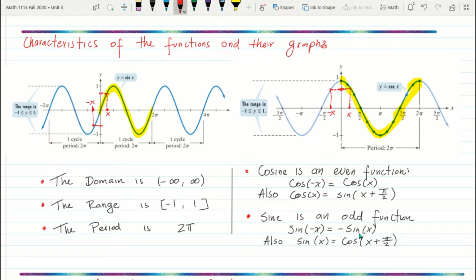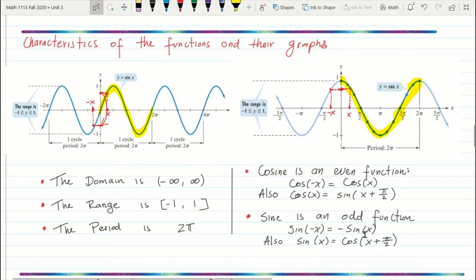This is the output that you get for the negative x, and this right here is the output that you get for the positive x. But if you were to make it negative, it flips back down to this, right? And that's what we're showing here in this explanation.